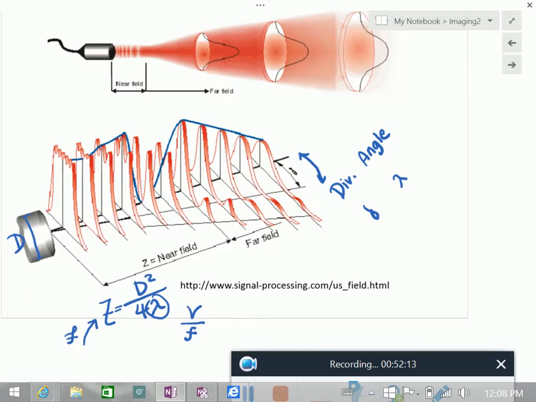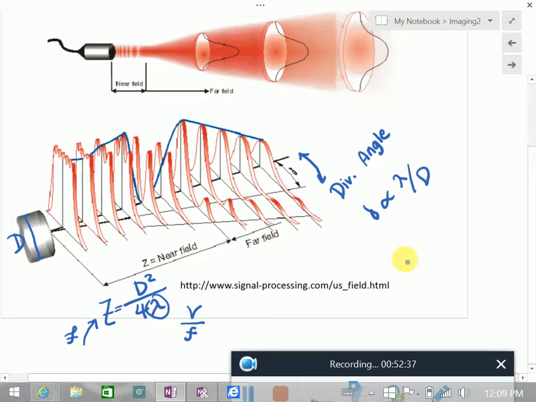So now, if you have a high frequency probe, lambda is smaller. What do you think? Does it attenuate faster? Right? So it makes sense that this is proportional to lambda. So it's proportional to lambda over d.